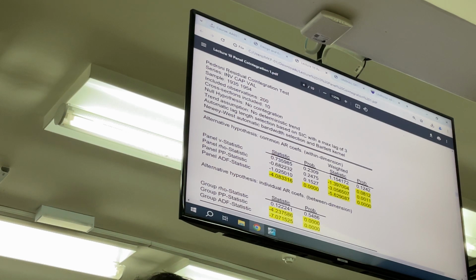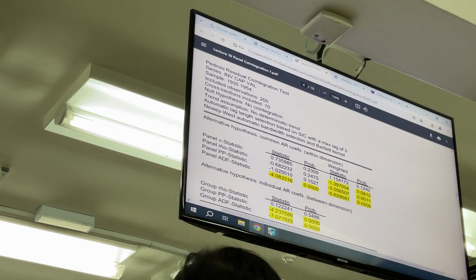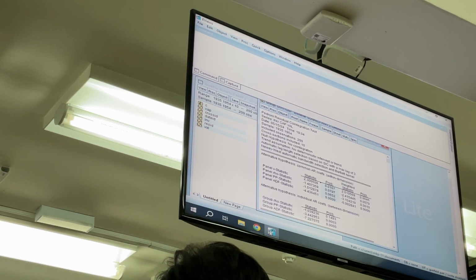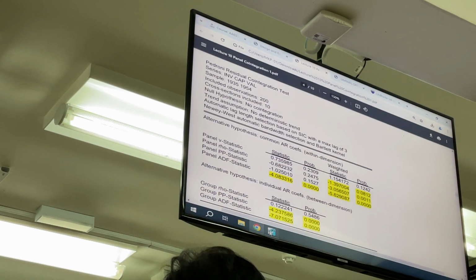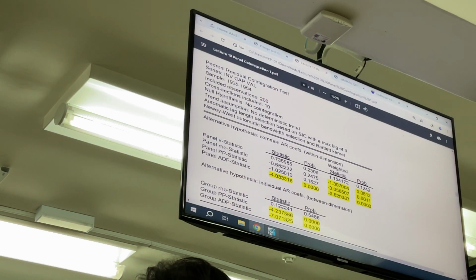How about the difference here? Investment CAPBL, 1935, 1954. Let me check. Okay, 200 and then 10, SIC. So this is also different, yeah?